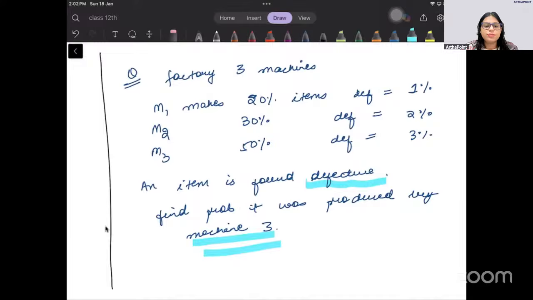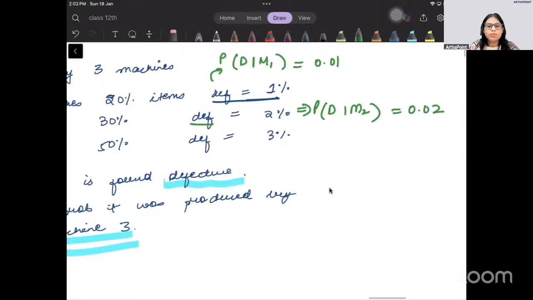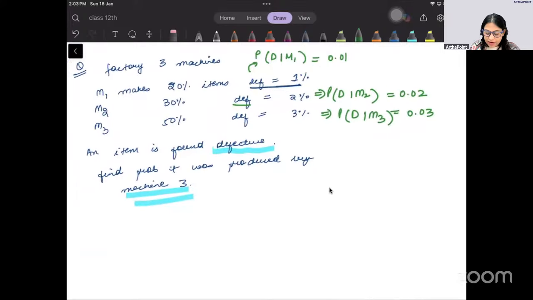Yes, tell the answer to this one. Look, what does the defective 1% mean? That given machine 1 produced it, the probability of defective is 1%. Given it came from machine 2, what's the probability of defective. Here, given it came from machine 3, what is the probability of defective. And what is the question asking? The question says that given defective, I already know the item is defective. Given defective, what is the probability of machine 3?